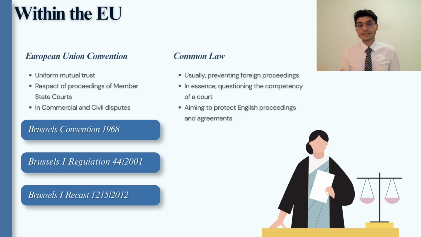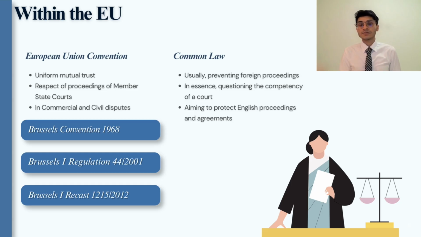Thus, it created difficulty within the European Union because the Brussels regime is based on encouraging trust between member states. To address disputes between parties in member states, the European Union adopted the Brussels Convention of 1968, followed by the Brussels I Regulation in 2001, and later the Brussels Recast Regulation in 2012.